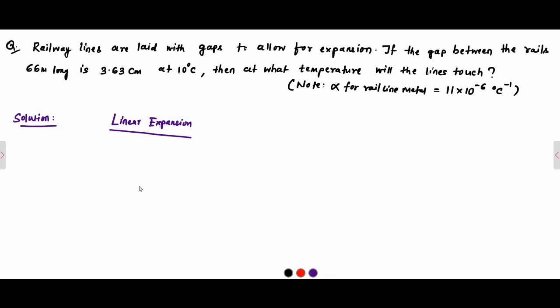Now it is given that railway lines are laid. Let's say there are two railway lines. The length of each is 66 meters, the initial length.